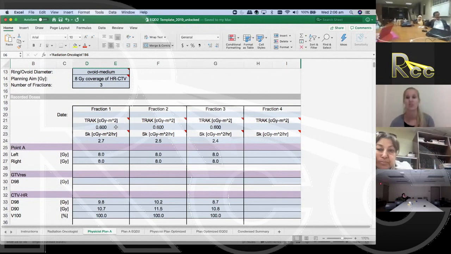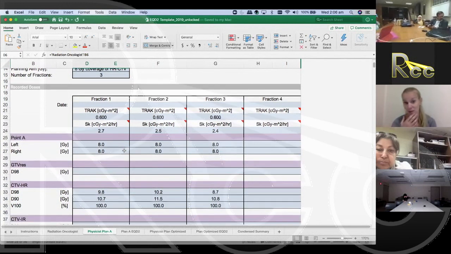And so we pushed the dose and we pushed the dose and we pushed the dose to try and cover our large tumor. And our track value just went off the charts. So for me, the track value is a sanity check that I haven't done anything too extreme with my optimization. So that's what I use the track for.